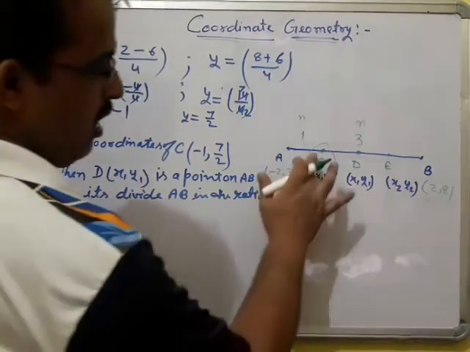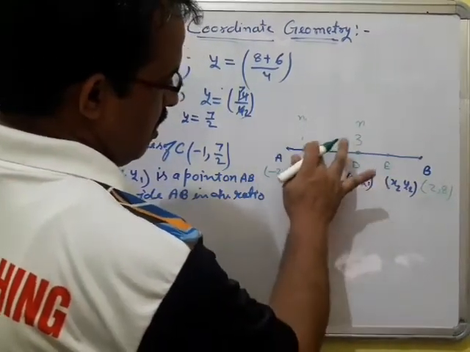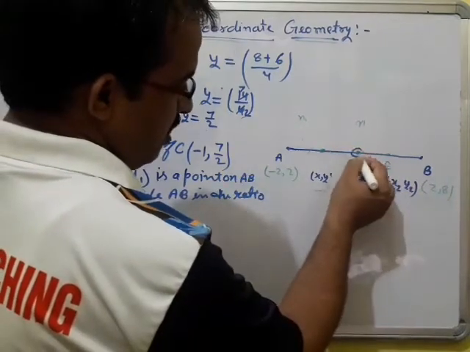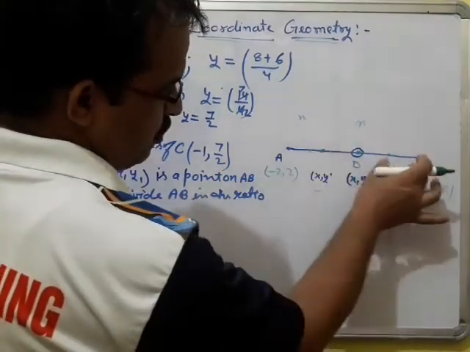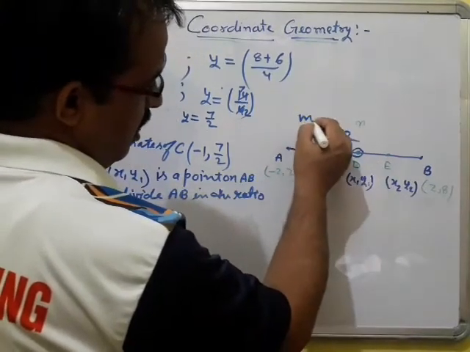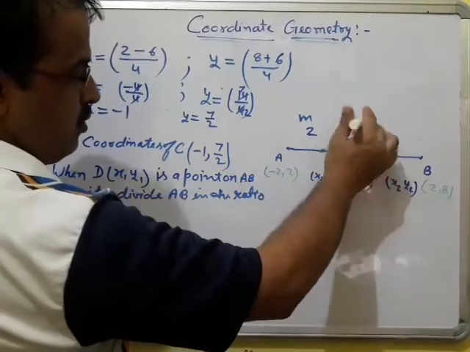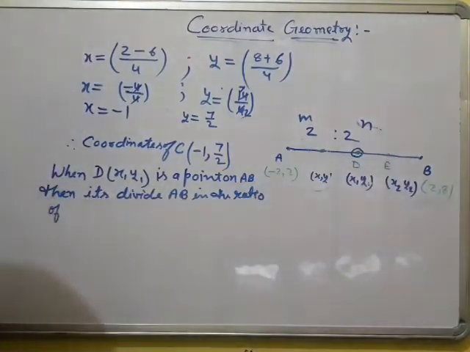अब देखिए this one. The D point, the ratio here is 2:2, ठीक, M और N जो है, M is 2, N is 2.